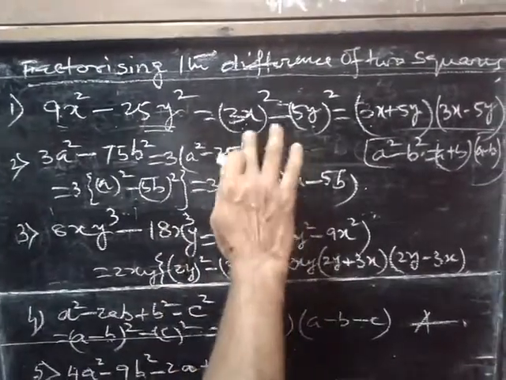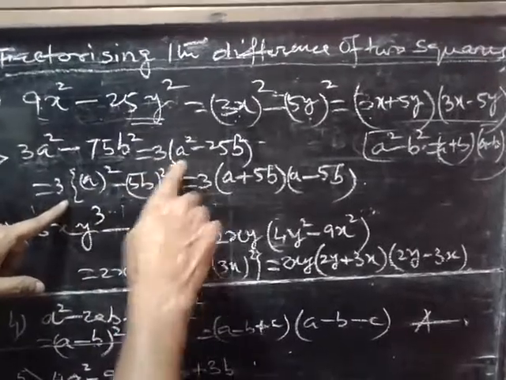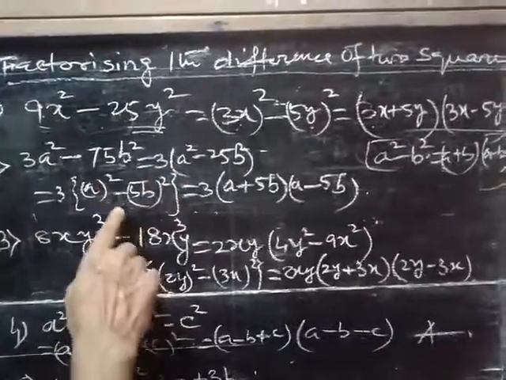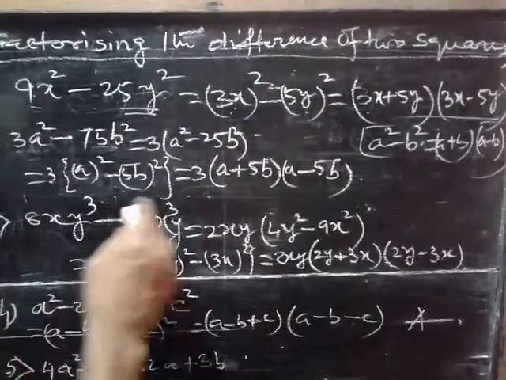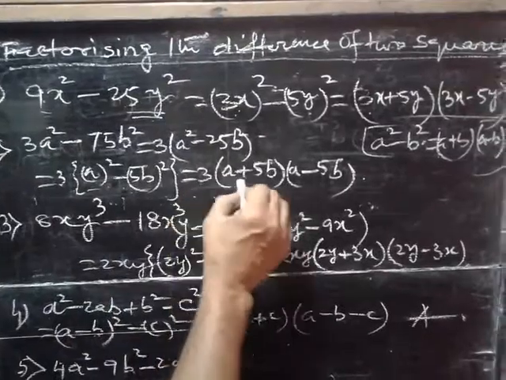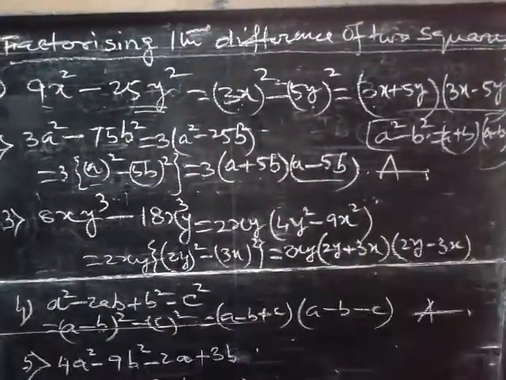So 3 into a square minus (5b) square. This is the a square minus b square formula, so it is 3 into a plus 5b into a minus 5b, and this is your answer.